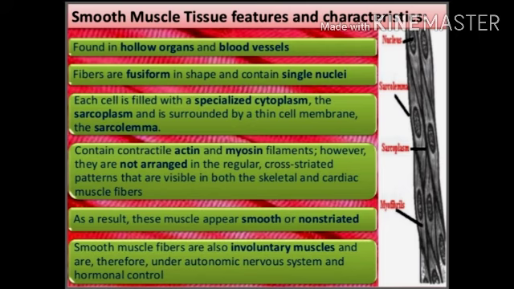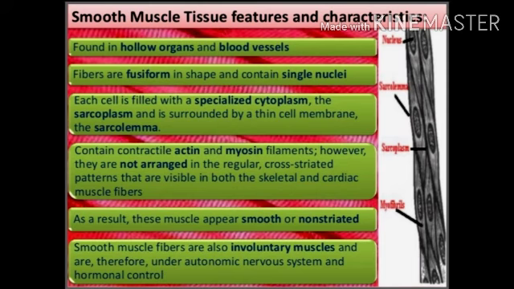Each cell is filled with specialized cytoplasm. The sarcoplasm is surrounded by a thin cell membrane called the sarcolemma, which contains contractile actin and myosin filaments. However, they are not arranged in a regular cross-striated pattern that is visible in both skeletal and cardiac muscle fibers.